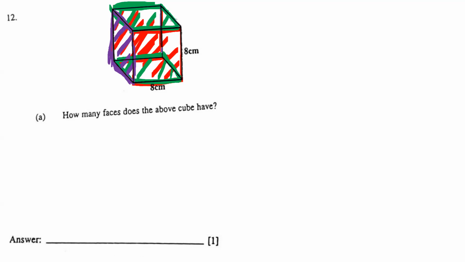And then if we go here, that makes another face. So the ones on the side make 6. So one in the front, one in the back, one on top, one at the bottom, and 2 at the sides. So that means that this cube has 6 faces. All right, so let's move on to the next question.